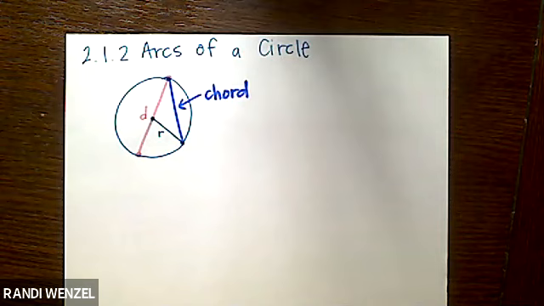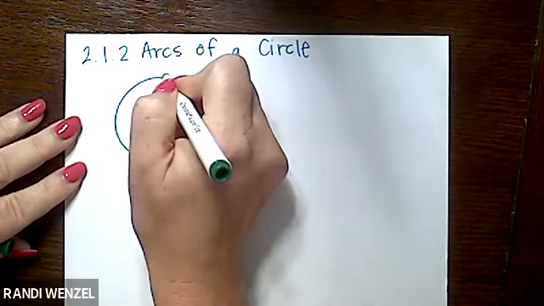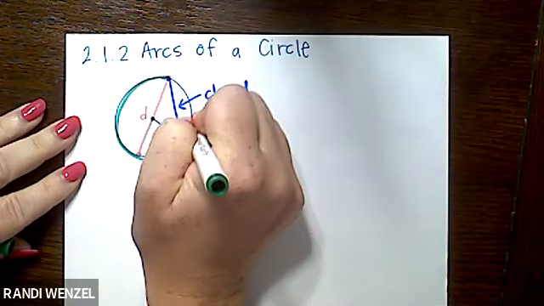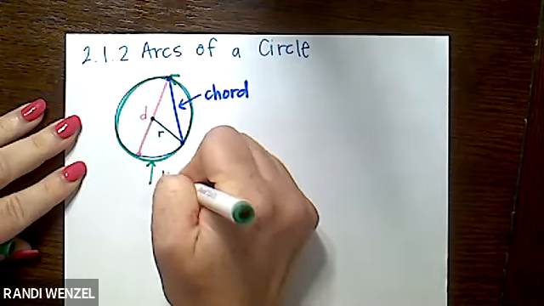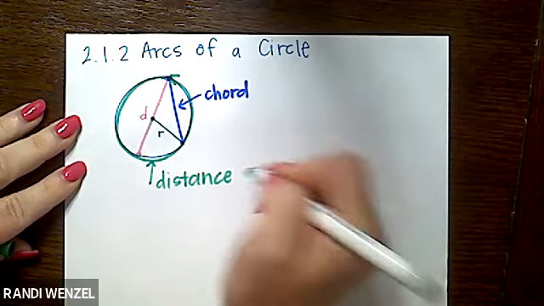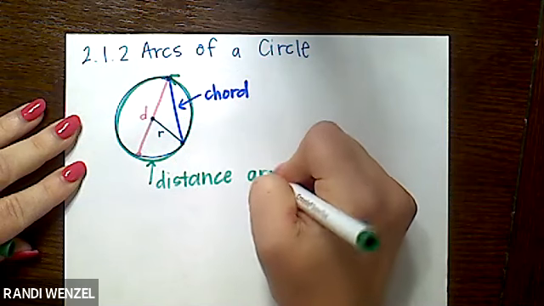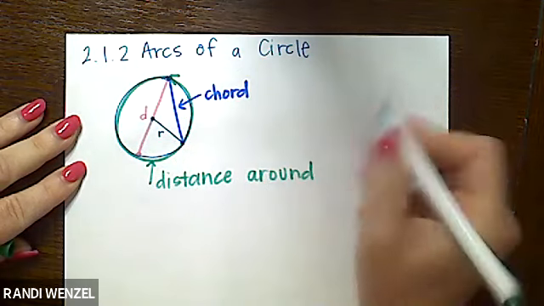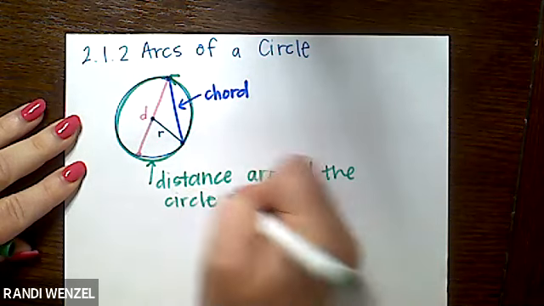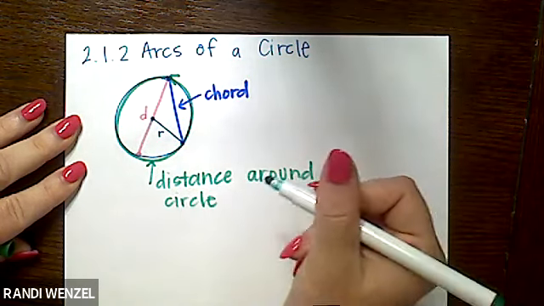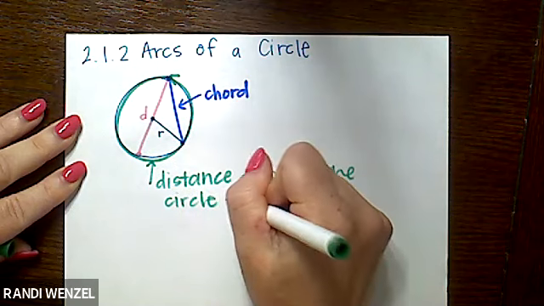And then we've also talked about the distance around the circle. So if we went all the way around the circle, remember what the distance around the circle is called? Remember, that's our circumference.